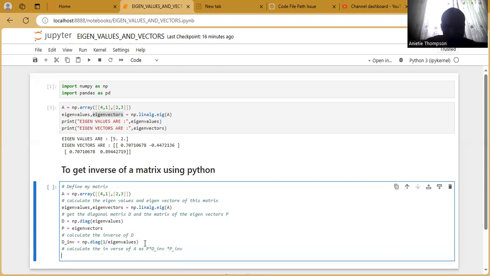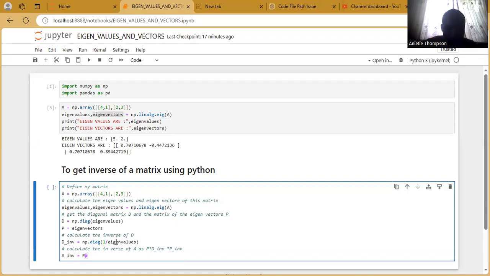So that is going to be equal to A inverse, A underscore INV, equals the capital P. I'm going to use the assignment sign.